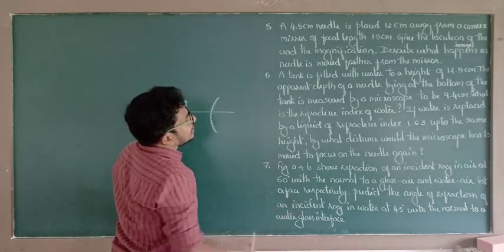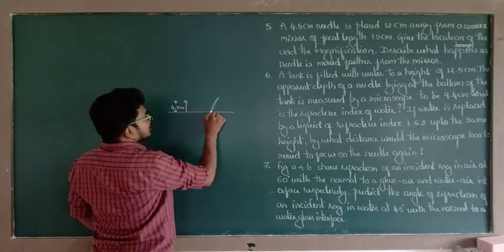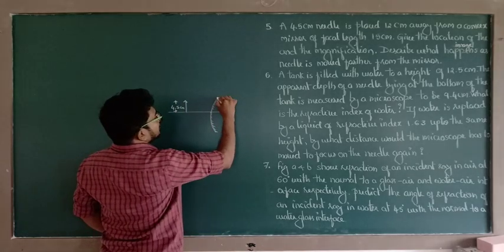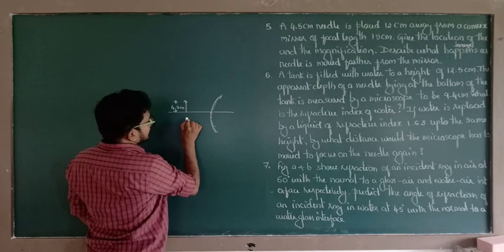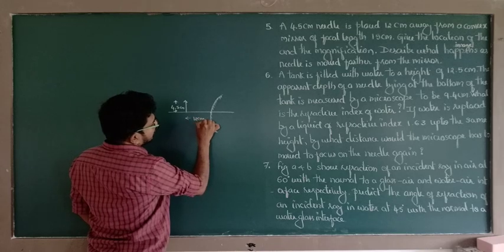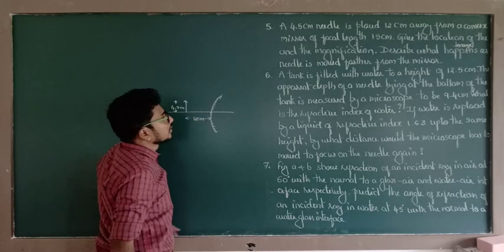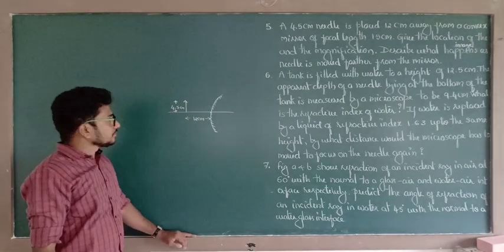Placed 12 centimeter away from a convex mirror, that means from the pole of the convex mirror. So this distance is equal to 12 centimeter. They are asking to calculate the location of the image.